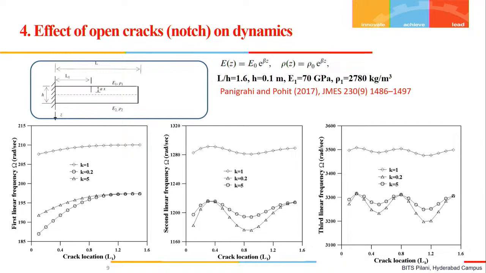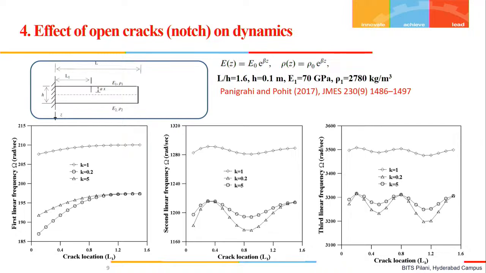In fact, this free end is the moment-free end, so there is no bending moment, therefore there is no discontinuity in the cross section, so there is no effect of the crack. So for the first mode, the crack influences the dynamics when it is located near the fixed end. When it moves towards the free end, the effect goes down.